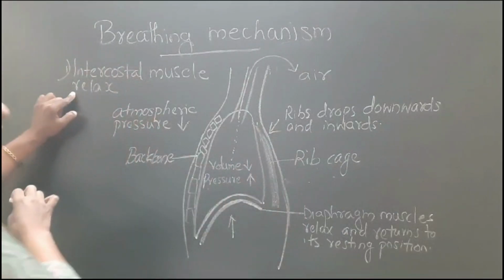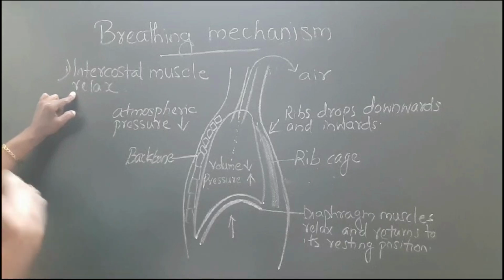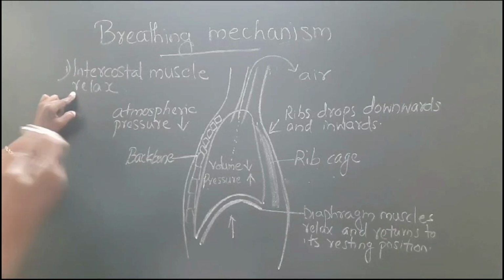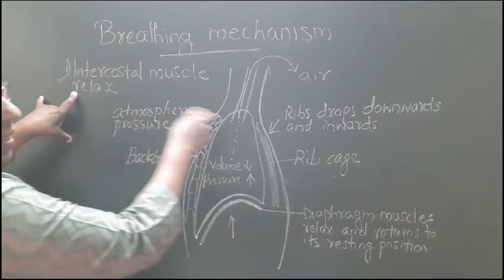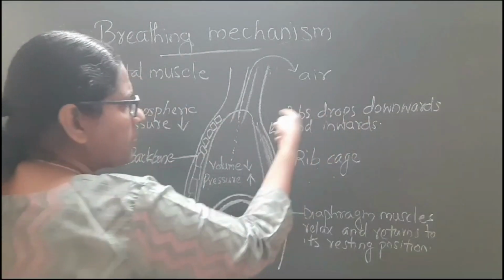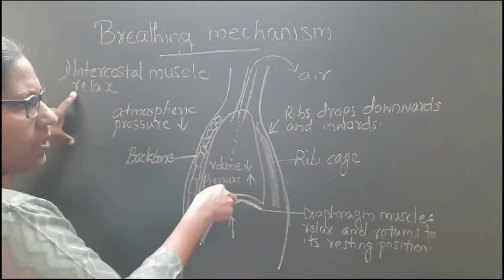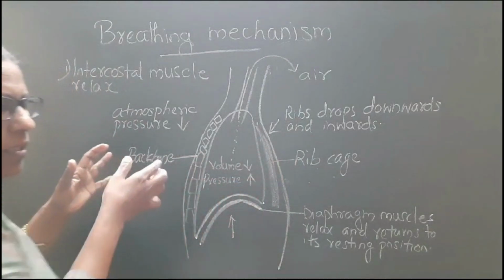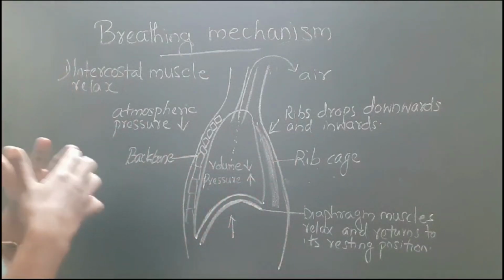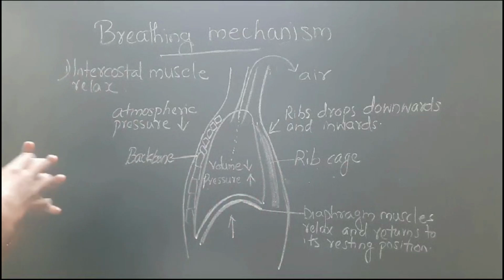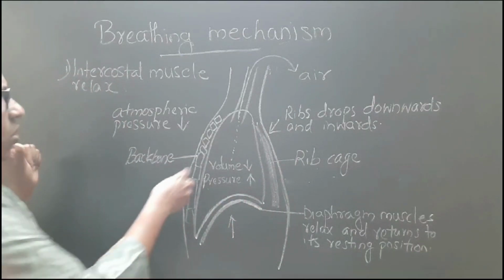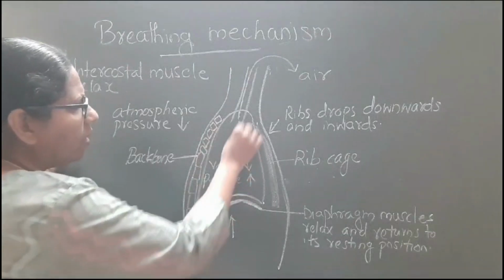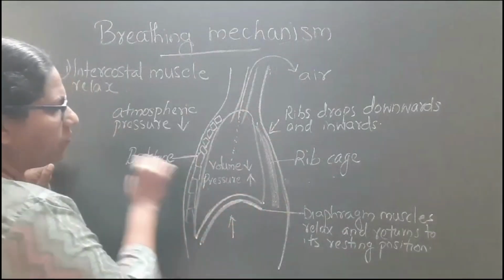While breathing out, the intercostal muscles relax and the ribs drop downwards and inwards.